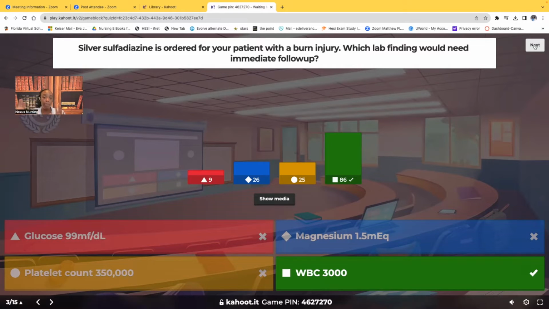Now, I'm getting off topic, but I want to talk to you about burns a little bit because I want to make sure you guys understand, because so many of you students get easy test questions wrong just because you don't understand. When a patient has burns, the reason you're concerned about dehydration, about their fluid status, is because when there's been a major burn, there's going to be a major shift. All of the fluid that was within the vascular space leaves the vascular space and goes out to the tissues.